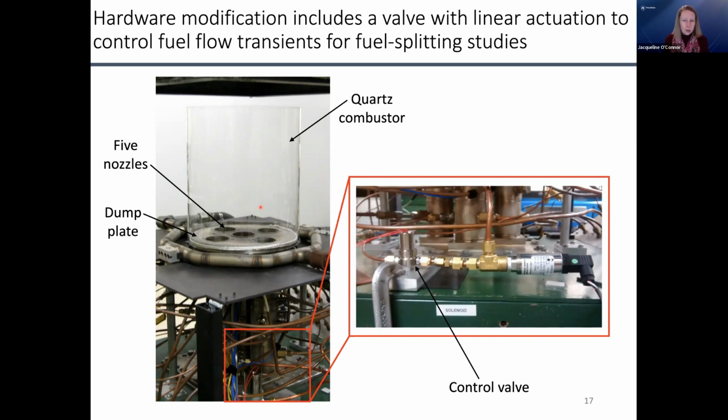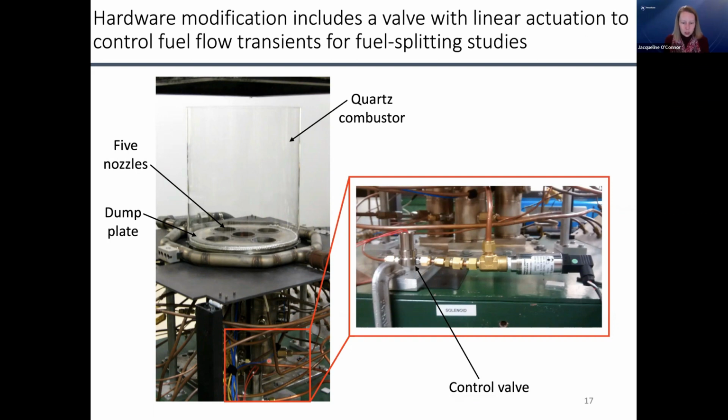The spacing is based off what you'd see in typical combustors. What we're not capturing here is the pressurization that you typically see in a combustor, but we trade that off so that we can see inside and have a really nicely optically accessible experiment.